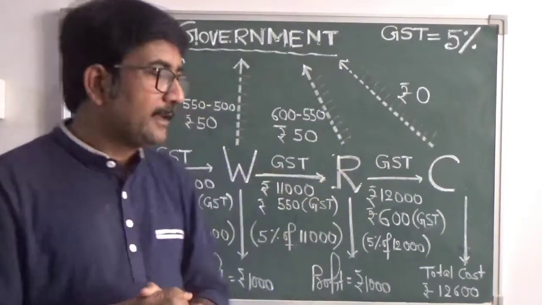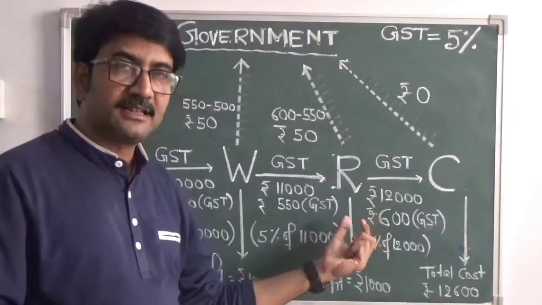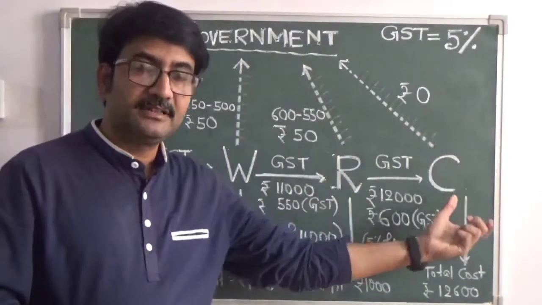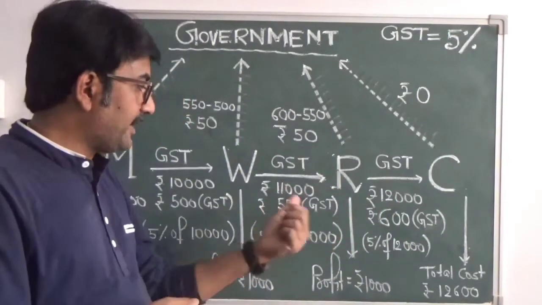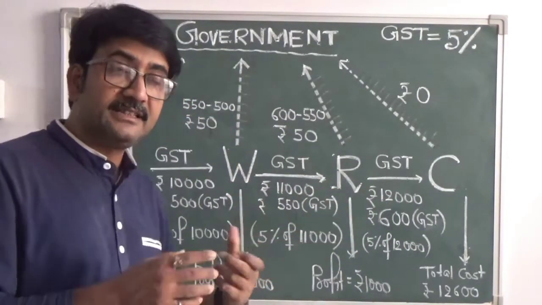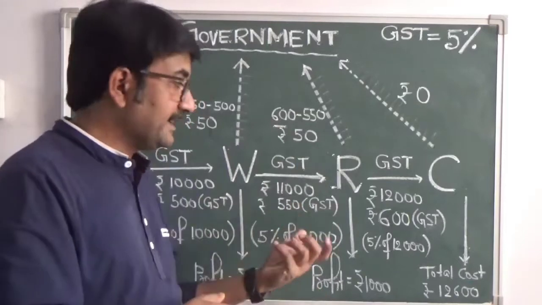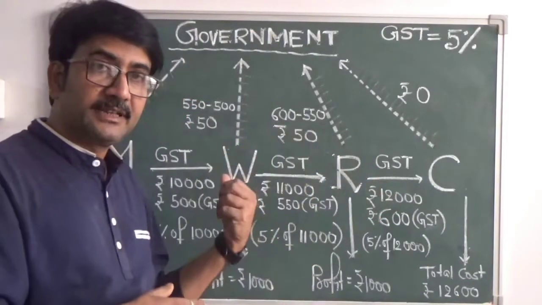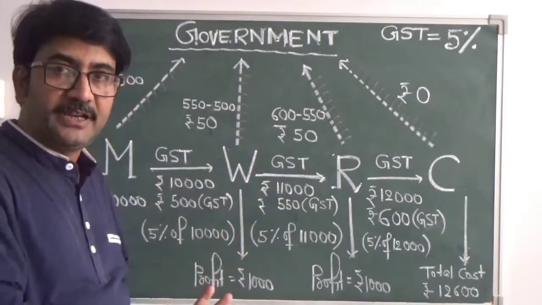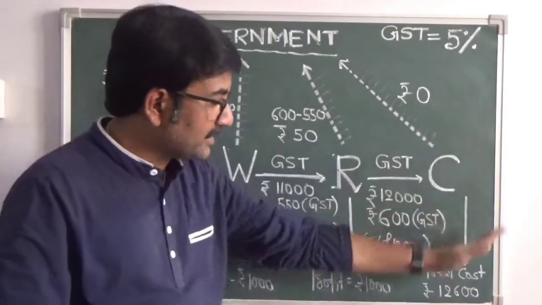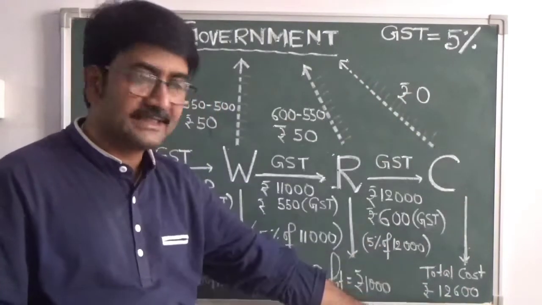Another way to say it: 600 is the tax collected by the retailer from the consumer, that is the output tax, and the retailer has paid a tax of 550 to the wholesaler, that is its input tax. Output tax is tax collected, input tax is tax paid. Now finally the total cost for the consumer is 12,600.